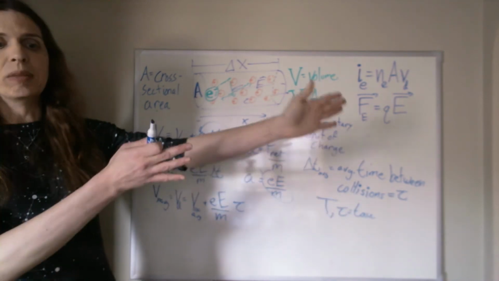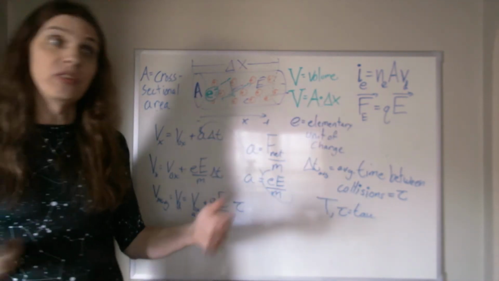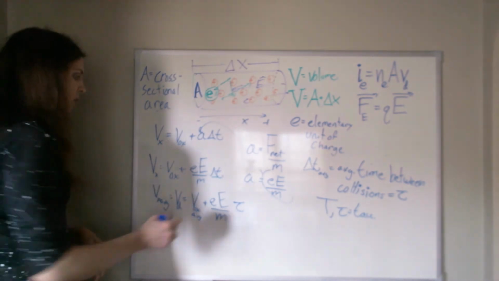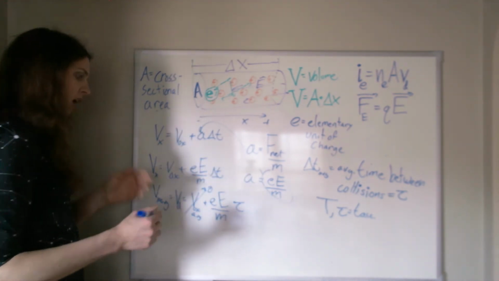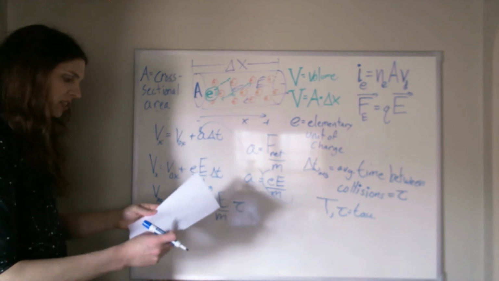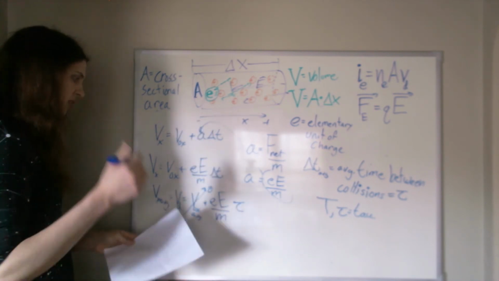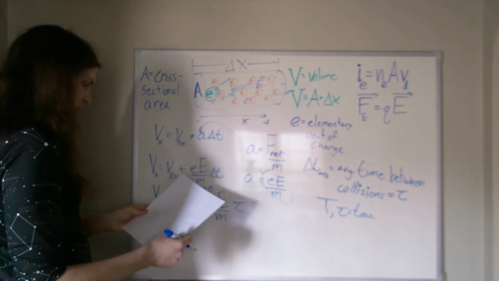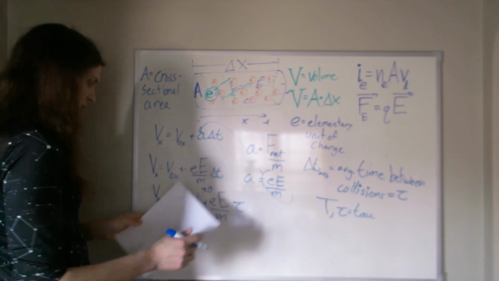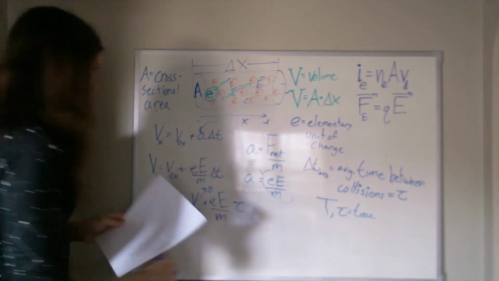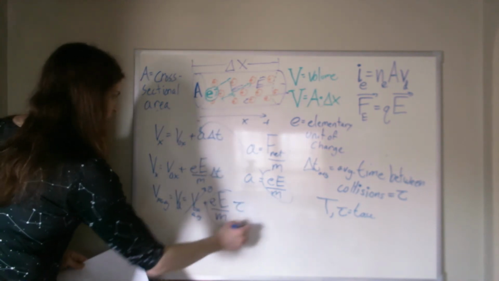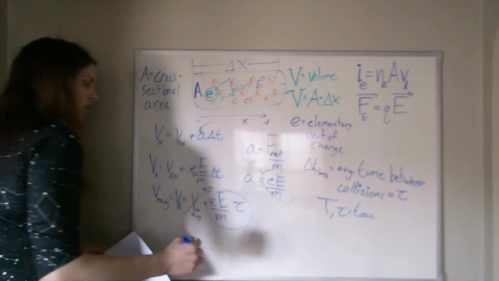They're not moving in bulk in the absence of an electric field. And so this drops out. And so what remains then is just that our drift velocity gets to be just this term over here.